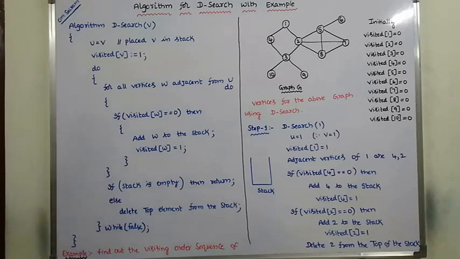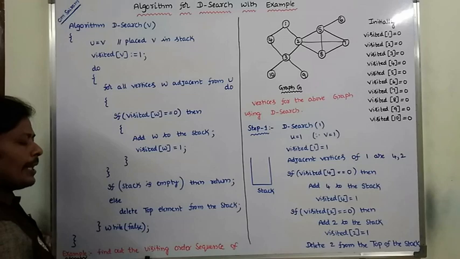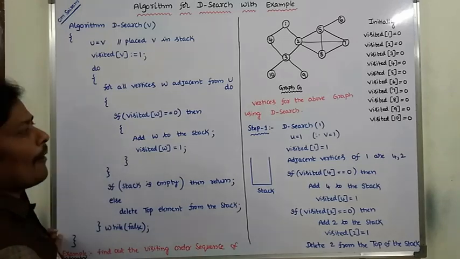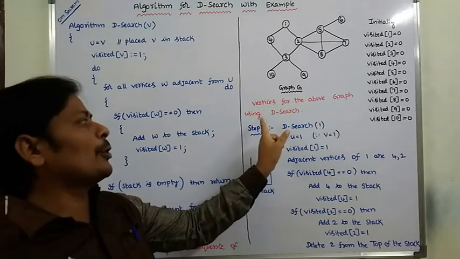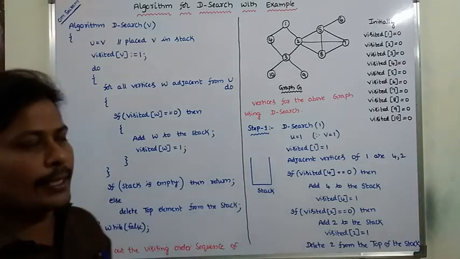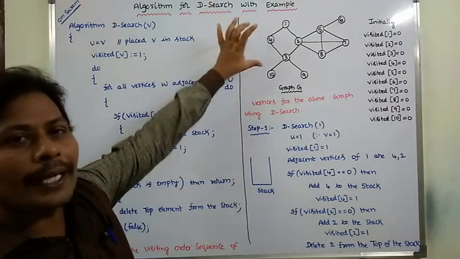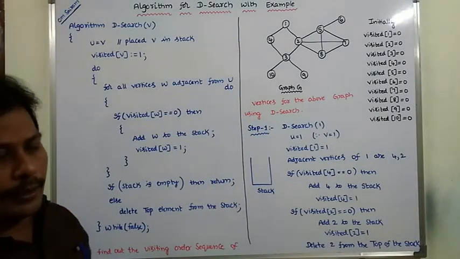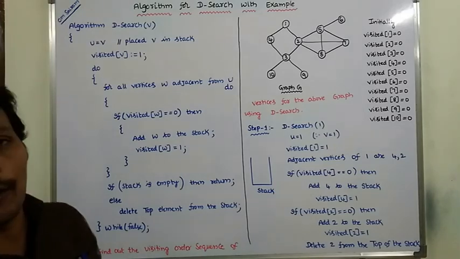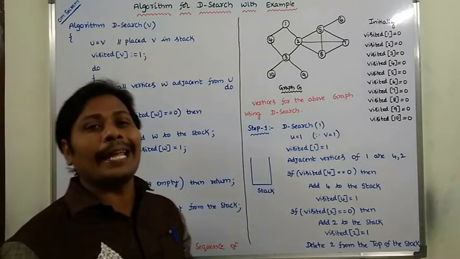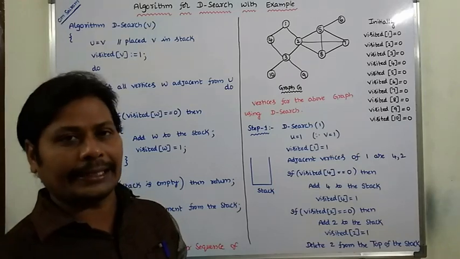Okay, now we go for an example. Find the visiting order sequence of vertices for the above graph using D-search. Here this graph is an undirected graph because each and every edge is not directed.